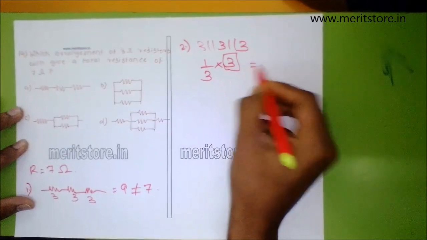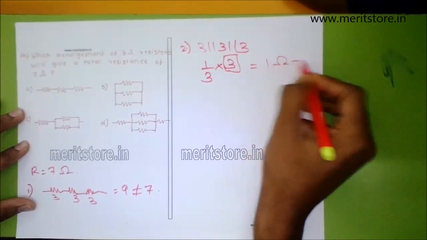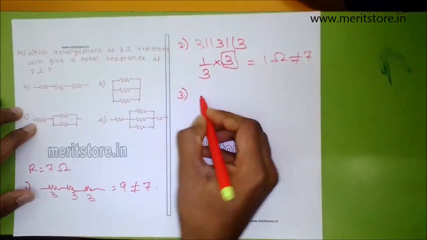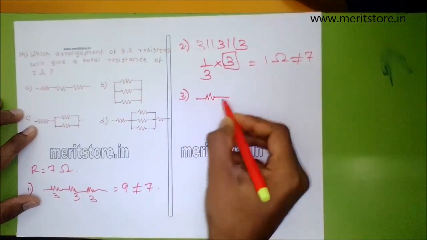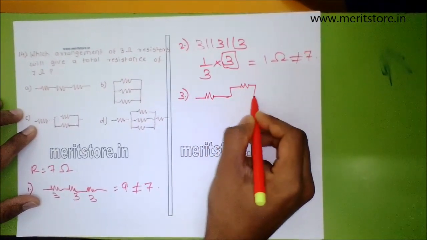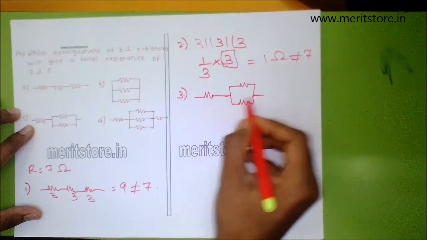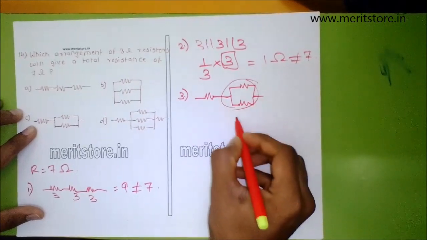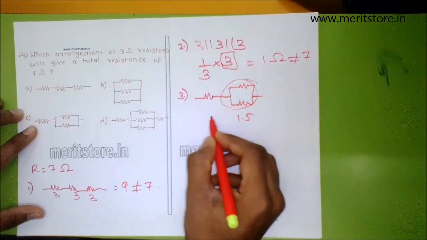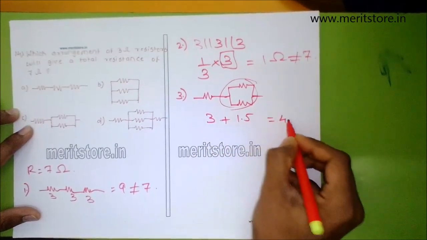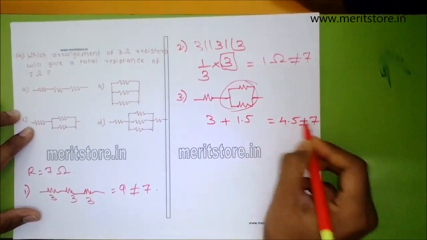Hence here the answer would be 1 ohm, which is not equal to 7 ohms. In the third option, 3 ohms is in series with 2 resistances of 3 ohms parallel to each other. Here this effective resistance would be 1.5 ohms, in series with 3 ohms. So 3 plus 1.5 is 4.5, which is not equal to 7.